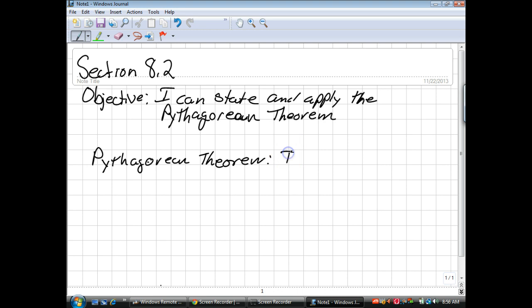So it says in a right triangle. So you have to start out with a right triangle. You have to know you have a right triangle.